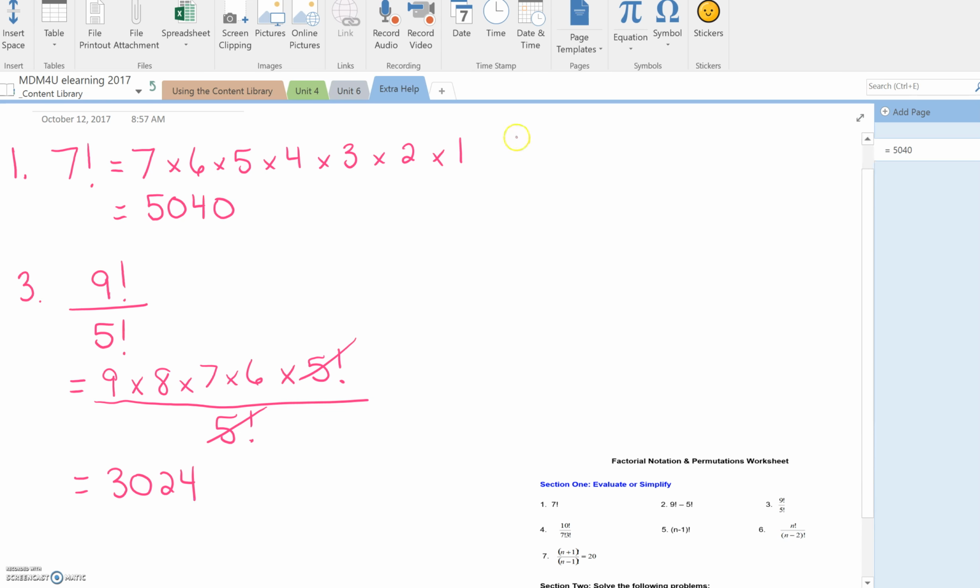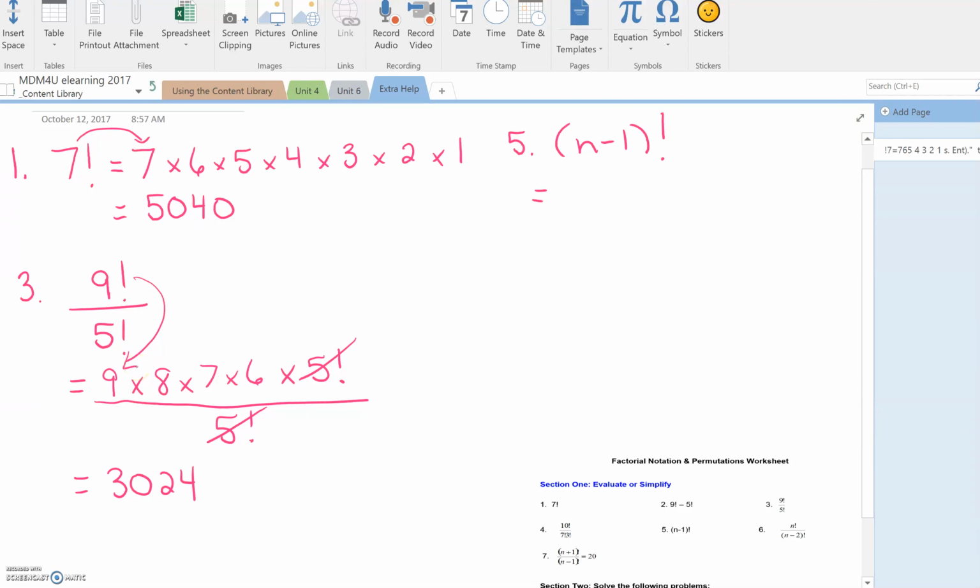I'll go to number 5 first, because 5 is a little bit harder. Okay, so n minus 1, factorial. Remember when you did 7 factorial? What number did you start with? 7. Okay, when you did 9 factorial, what number did you start with? 9, right?